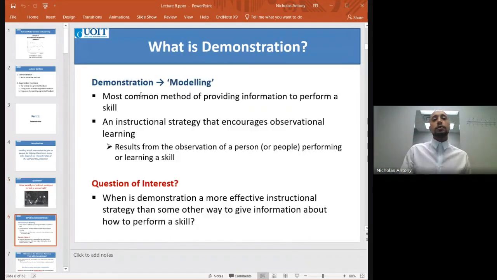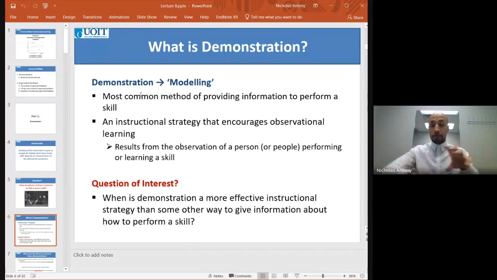So let's talk about demonstration. It's also called modeling, right? Because you're modeling the skill for someone. And it's the most common method to demonstrate how to perform a motor skill. And the way to make it a science is it's an instructional strategy that encourages observational learning for the participant.